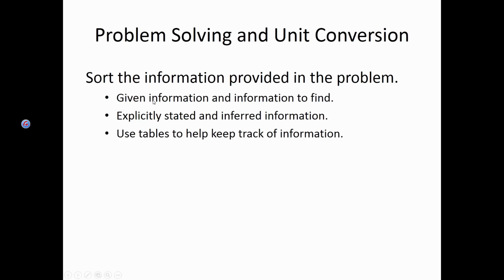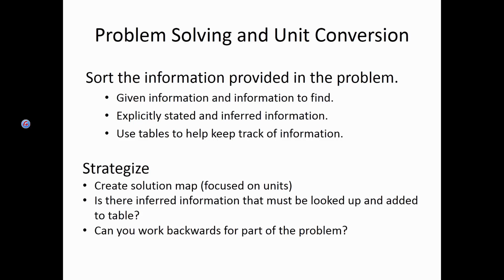That additional information could be either explicitly stated somewhere, perhaps in a table, that you need to reference, or you might need to infer that information from what is provided. So although the basic steps we're looking at today, we'll keep following those steps throughout the semester, this part is where there will be some differences. This is where you will have to make some decisions as we learn more about chemistry.